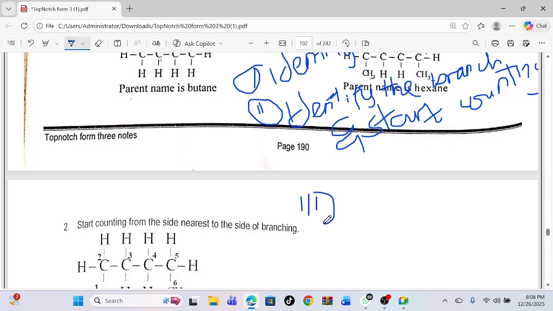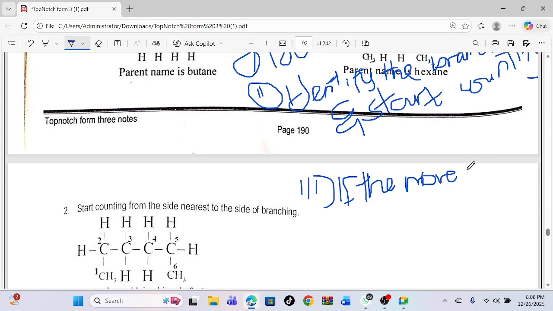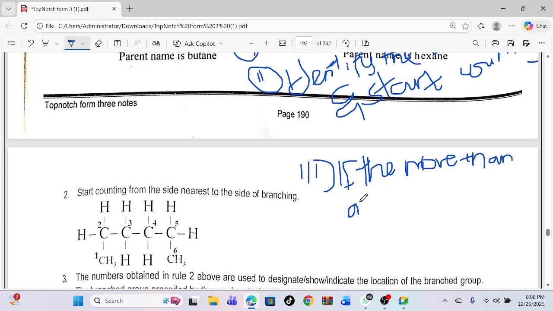Number three, if there's many branches, or if there's more than one branch, name them alphabetically. Inamaanisha nini?